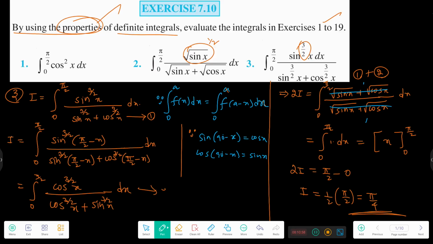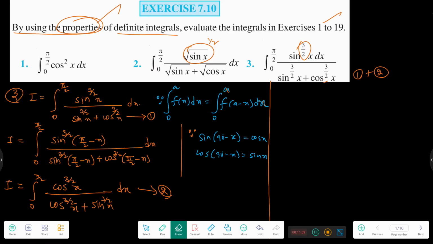So this is answer number 2. I am taking the left hand side as I. If you add both 1 and 2, what I am getting we will see, the same thing only.